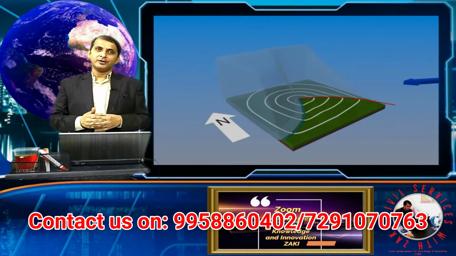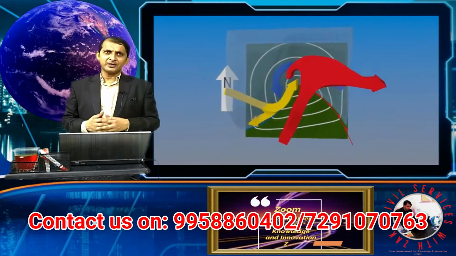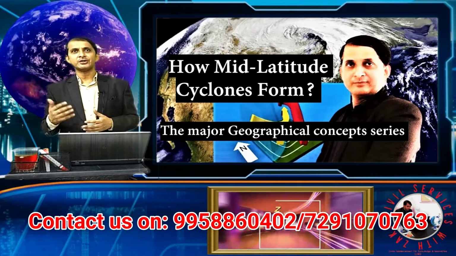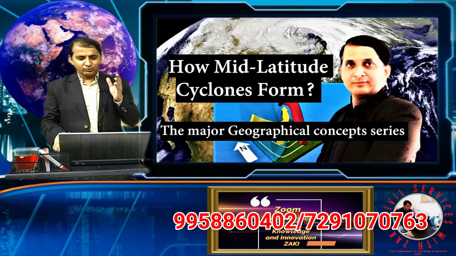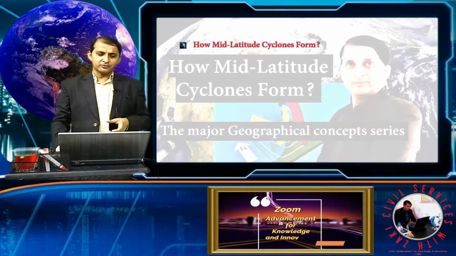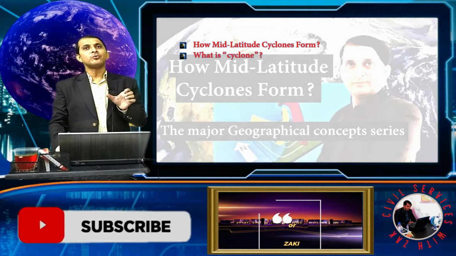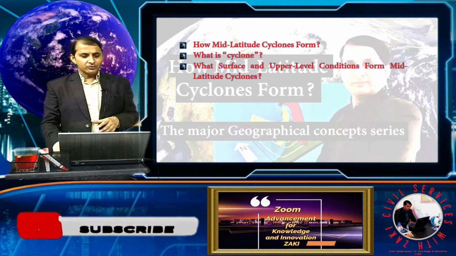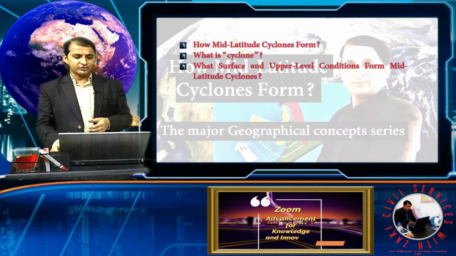So let's move forward and see today's topic and the main topics we discuss today, and how we address these questions. These questions are: how mid-latitude cyclones form, and what is a cyclone. First we will know what a cyclone is, and what the surface and upper level conditions are for mid-latitude cyclones.